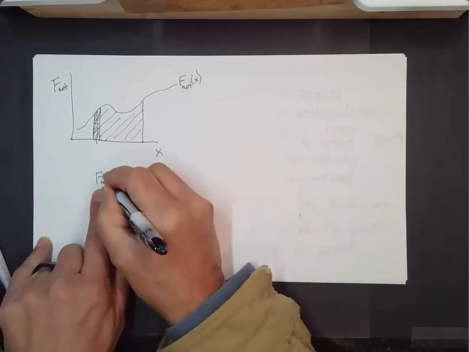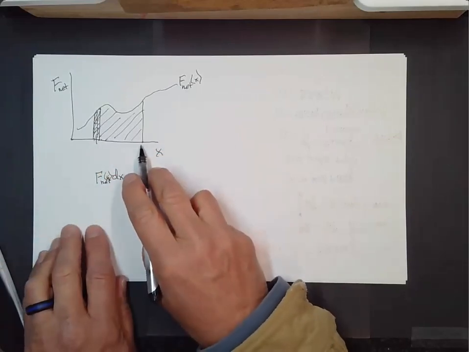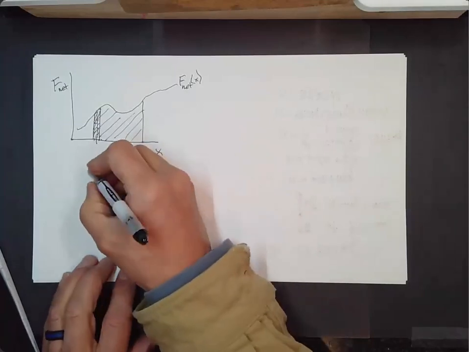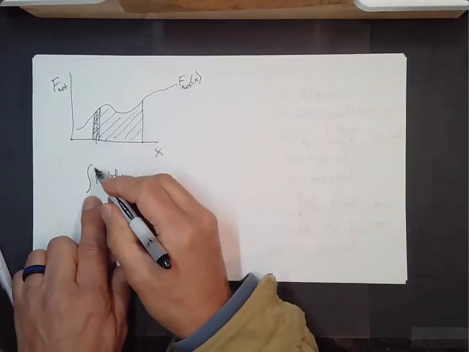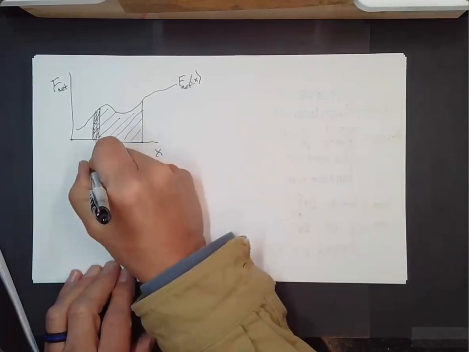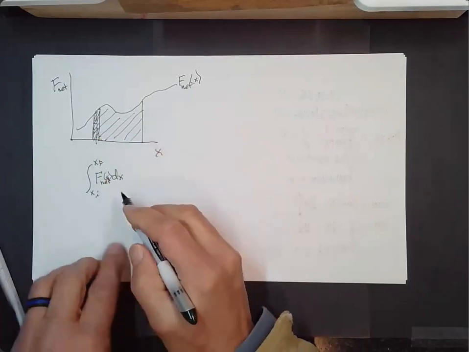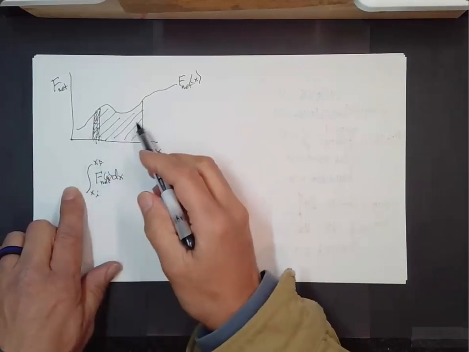And this is F net as a function of x. The process of doing this is something you learn in second quarter calculus. They have this symbol that looks like this, and you'd be going from some x initial to some x final. This is an integral, but all it is, is finding the area under a curve.